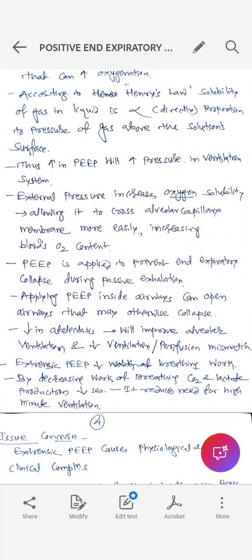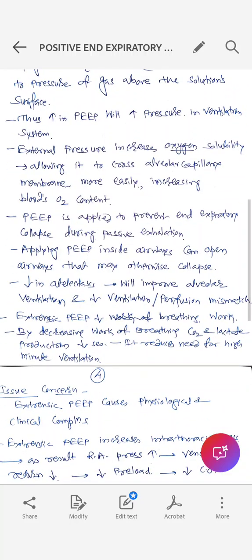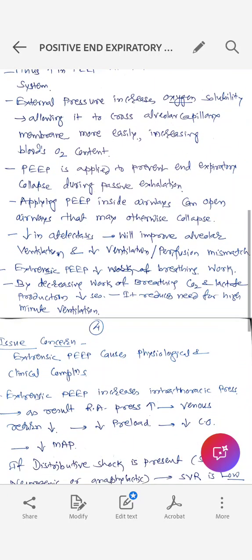Thus, an increase in PEEP will increase pressure in the ventilatory system. As external pressure increases, oxygen solubility increases. It allows oxygen to cross the alveolar capillary membrane more easily, increasing blood oxygen content.